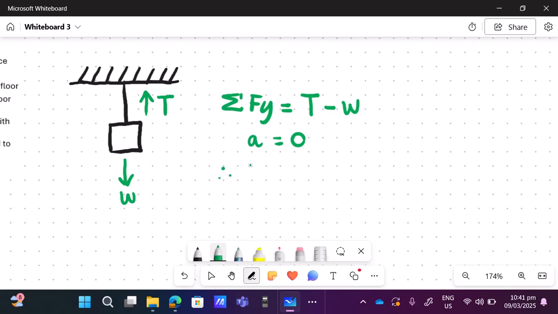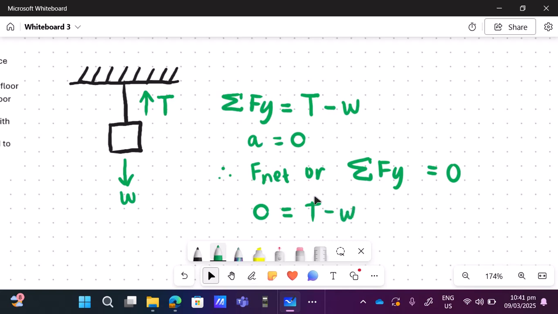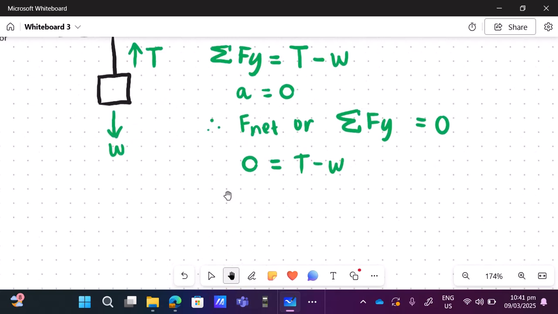Therefore, net force, or this expression, summation of F sub y, is equal to 0. So we can express that the difference between the force due to tension and force due to gravity is 0.